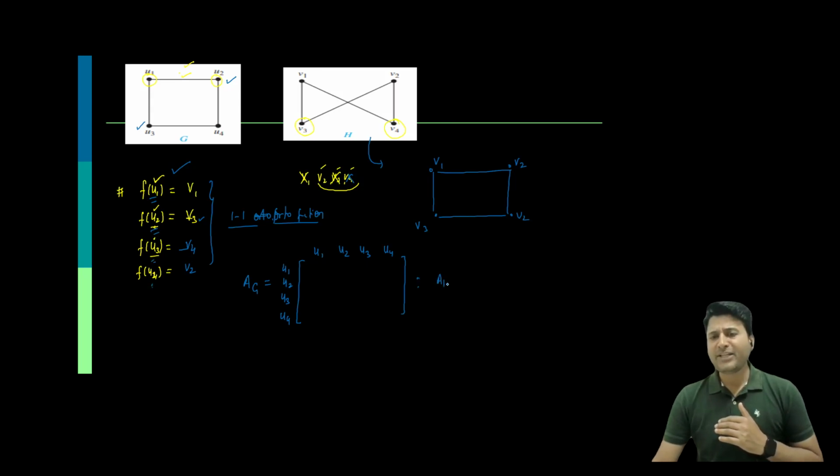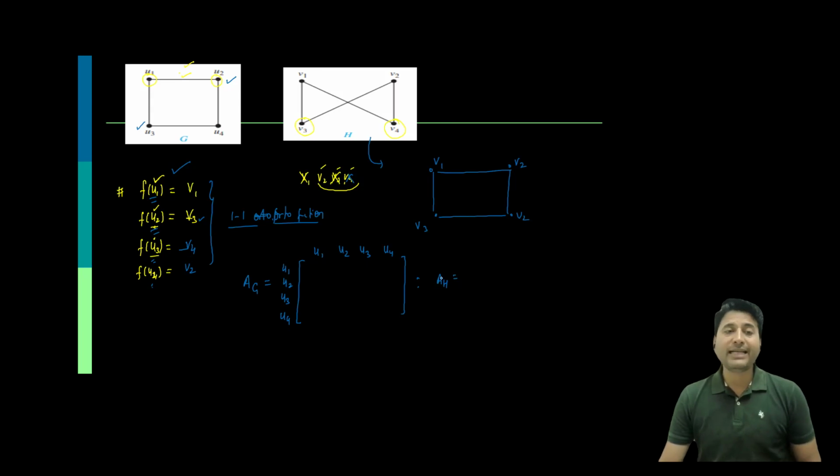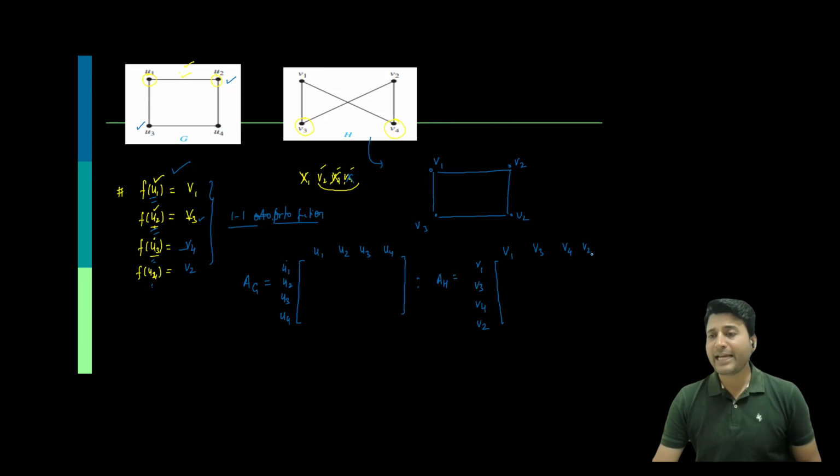And for graph H, in the same order, their images exist. U1's image is V1, so the first one is V1. U2's image is V3, so V3, then V4, then V2. It's not in the order V1, V2, V3, V4. It should be in the order of their images.